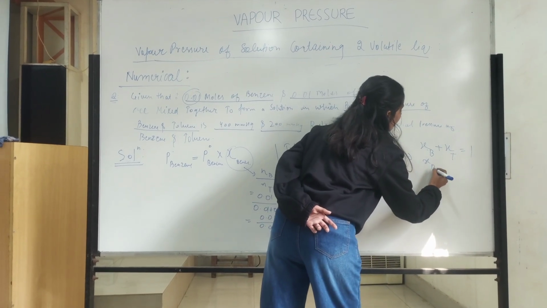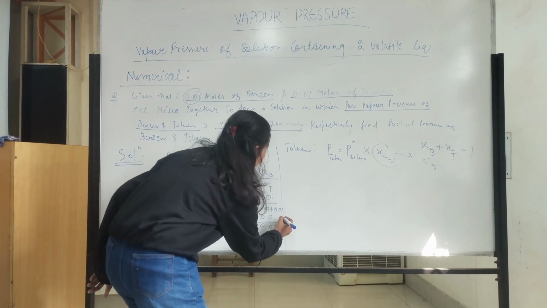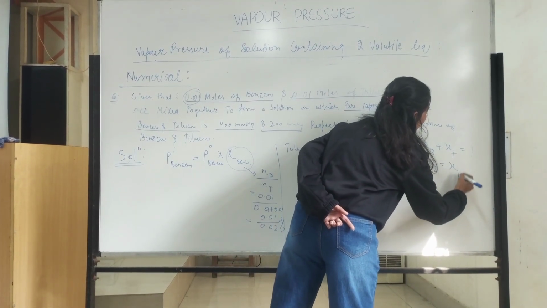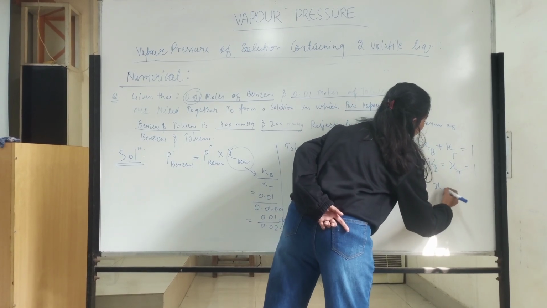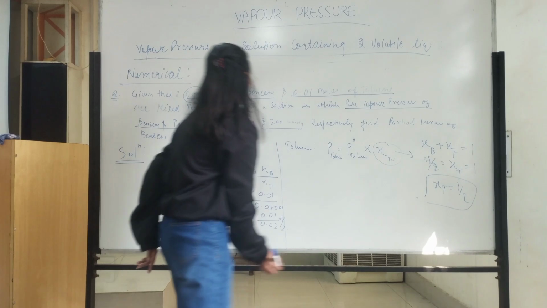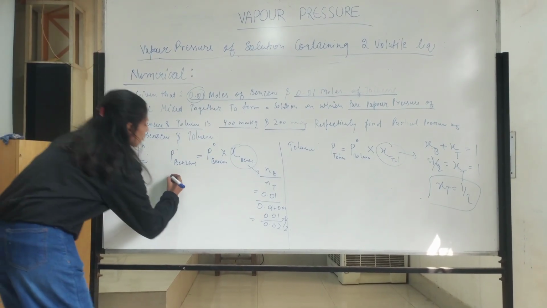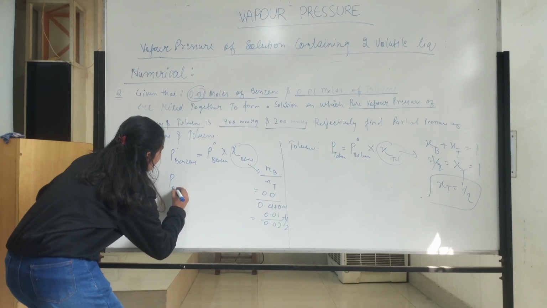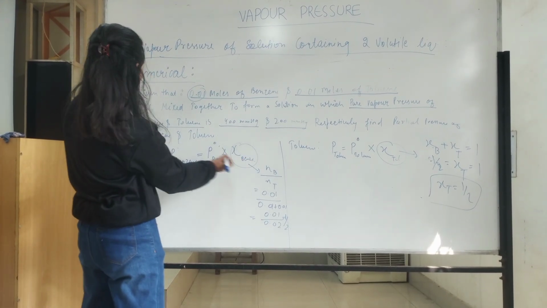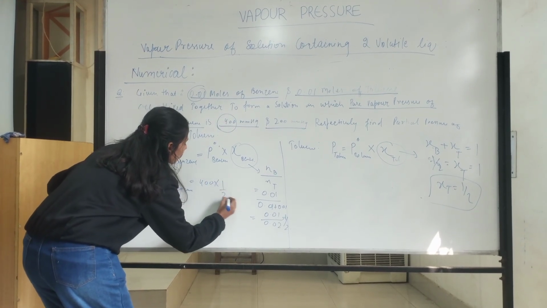For benzene we have calculated it is half. So we can put half plus mole fraction of toluene is equal to 1. Mole fraction of toluene is also half. So we have found the mole fraction of both benzene and toluene. Now we will put the values. Partial pressure of benzene is equal to P naught of benzene, 400 mmHg, multiplied by mole fraction.